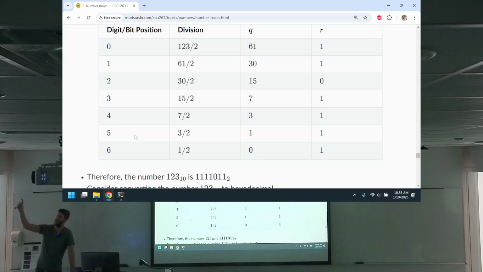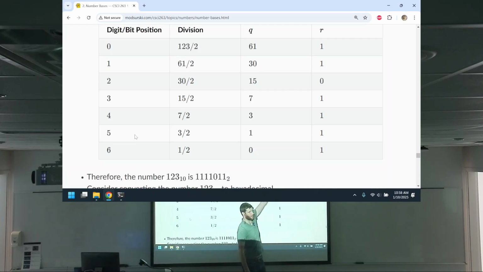Divide what's left, the quotient 61, by 2. What do I get? I get 30 remainder 1. 30 divided by 2 is 15 remainder 0. 15 divided by 2 is 7 remainder 1, and so on. You just keep dividing by the base, and as you go, the remainders help you generate the number.